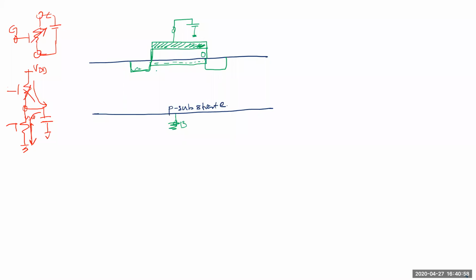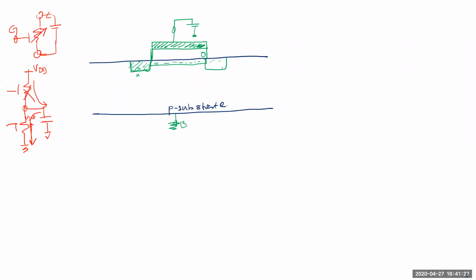Will metal work? First, let me ask you this. If somehow I manage to put metal here, aluminum and aluminum, will it work or will it not work? Sir, the substrate is P. Yeah, so basically I dig a hole, put a lot of tungsten or copper, and etch it out, and then I have this metal here.